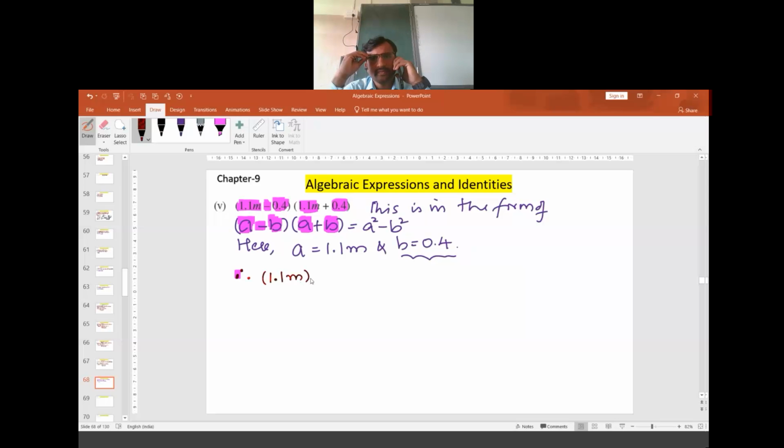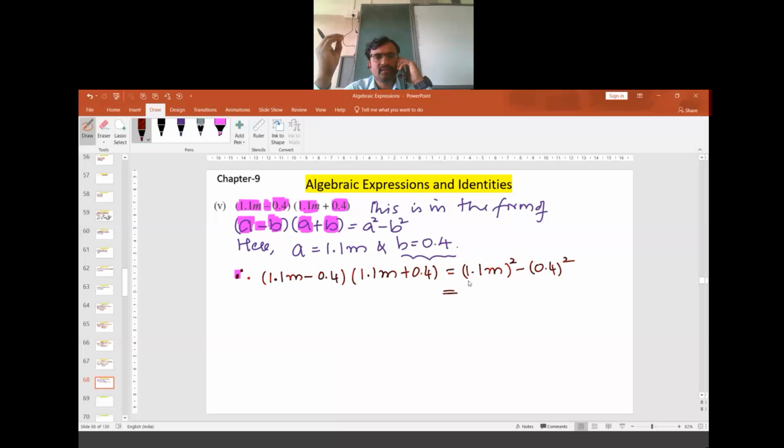Therefore, (1.1 m minus 0.4) multiplied by (1.1 m plus 0.4) will be equal to (1.1 m) whole square minus (0.4) whole square.